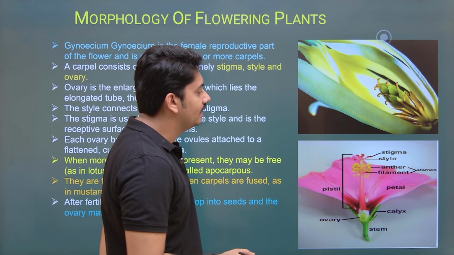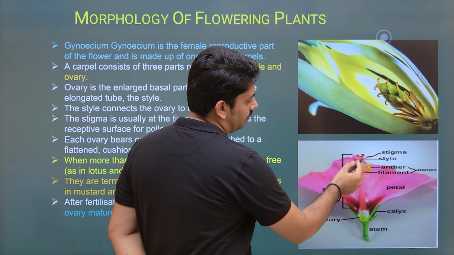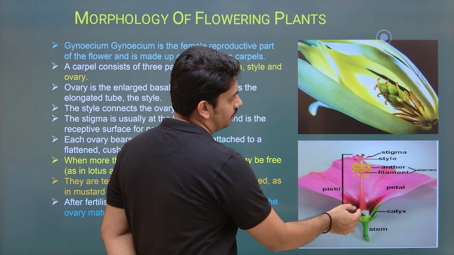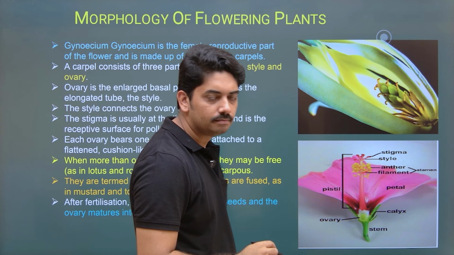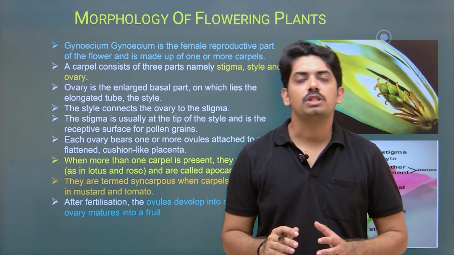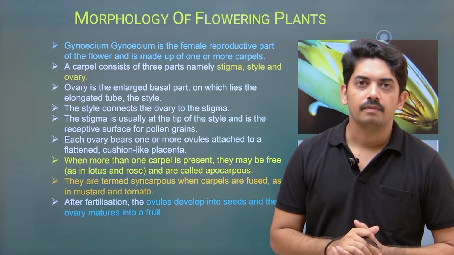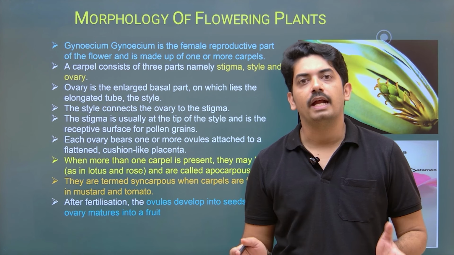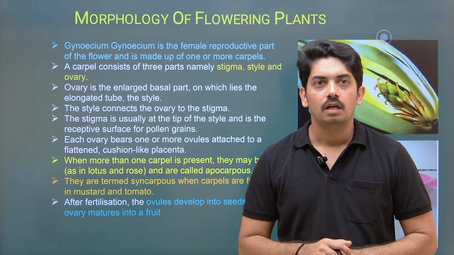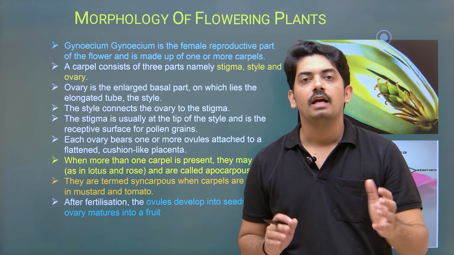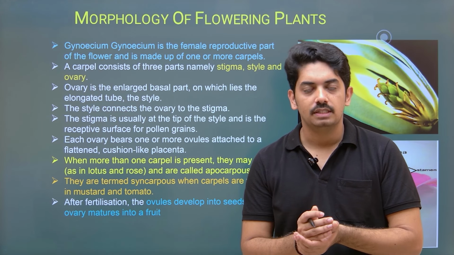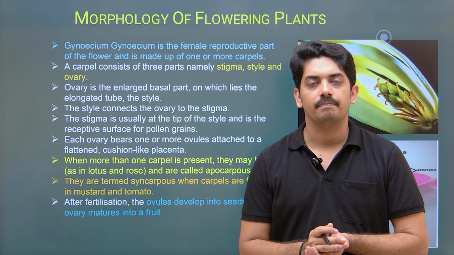Now if you look at the Gynoecium, here this is stigma, style, and here the ovary is present, and here you can see multiple ovaries. That means in Gynoecium you observe different types: apocarpous condition and syncarpous condition. In a flower, if more than one Gynoecium is present and all the Gynoecium are fused, then it is called syncarpous condition.